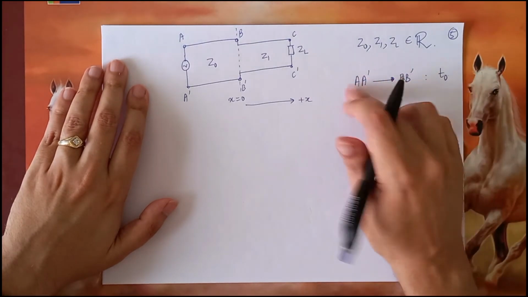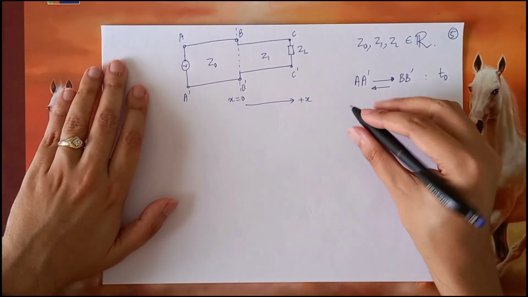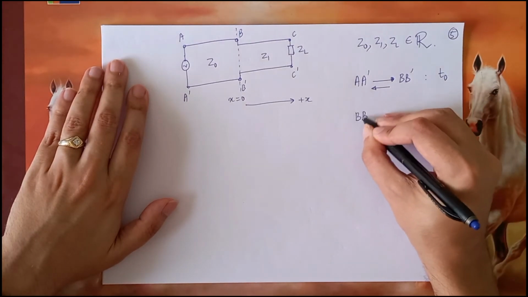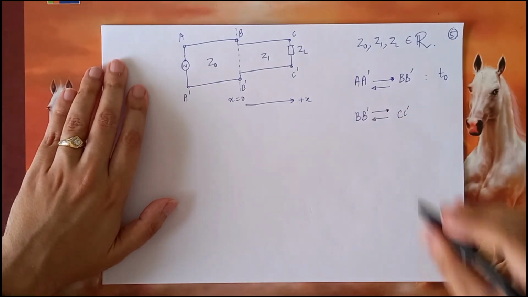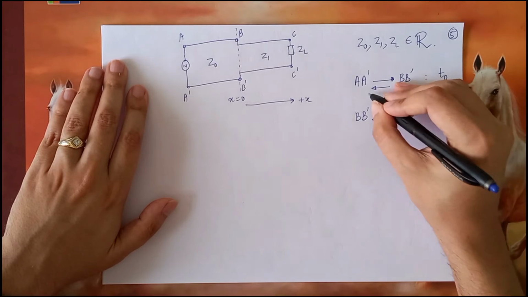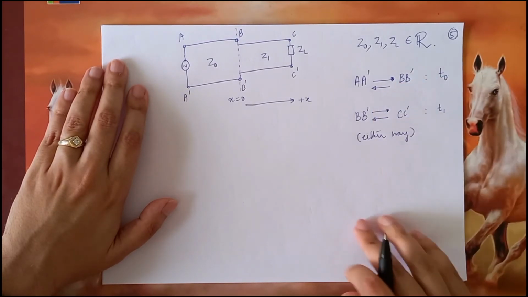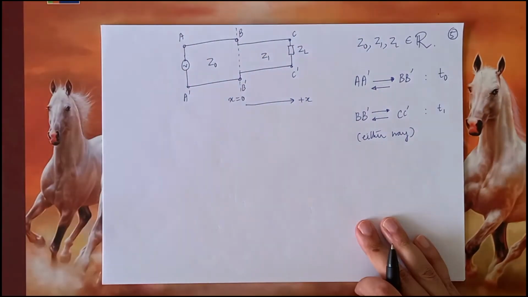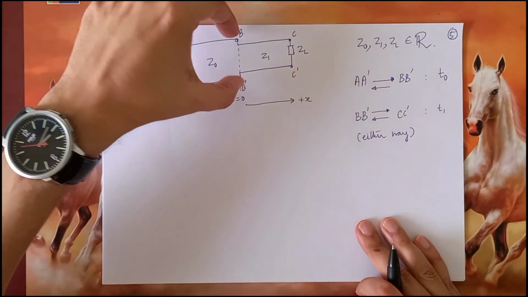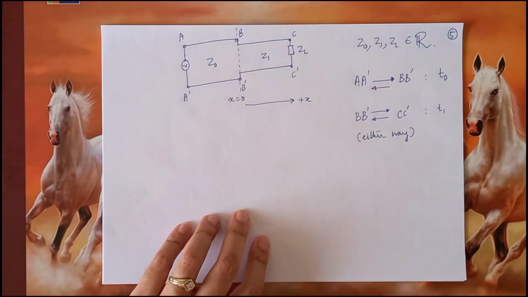Whether it is traveling this way or that way, the time taken is T0. Whereas to travel from BB prime to CC prime, either way, is T1. That means whether you are going from here to here or here to here, the time taken for the wave will be T0. And if you are going from here to here or here to here, the time taken will be T1 for a single journey.